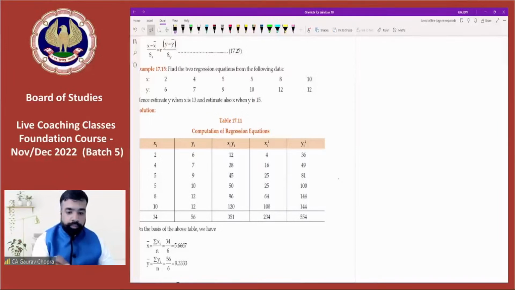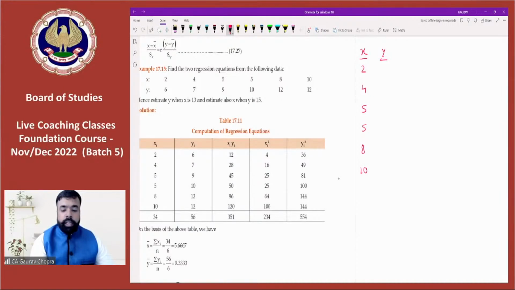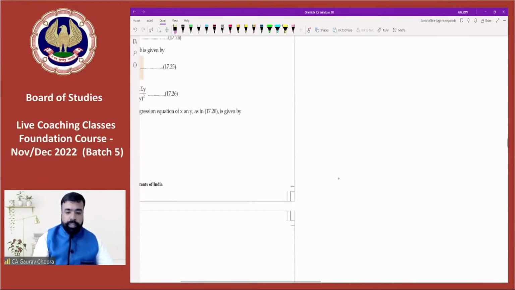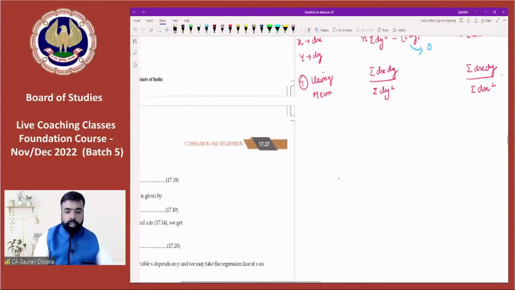Form the table, x and this is y: 2, 4, 5, 5, 8 and 10. Or one thing can be done. Let us take one easy example. After that, we will try this one so that it becomes easy for you to understand.